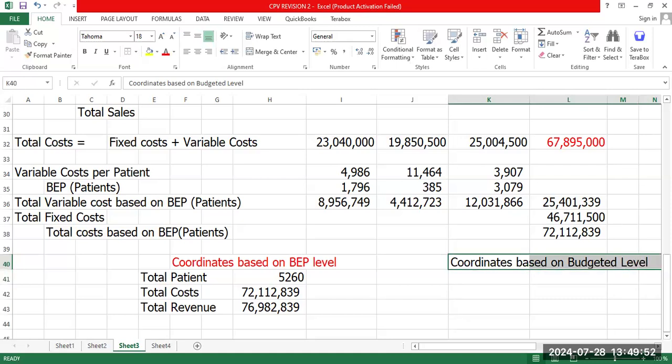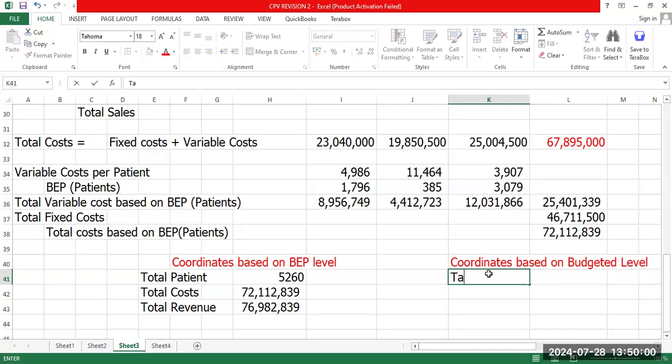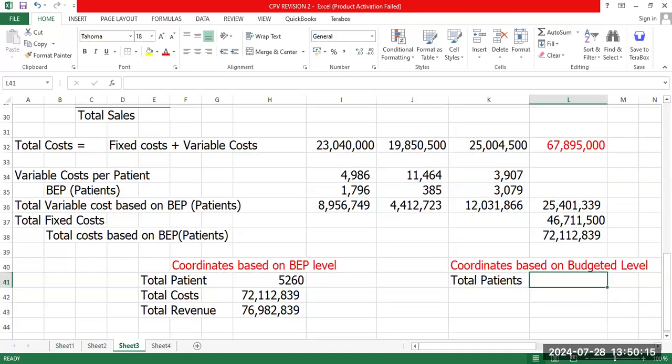You will do a working and handle that. You will need total patients. Do we have budgeted total patients now?